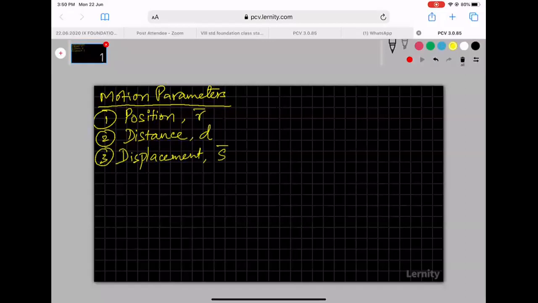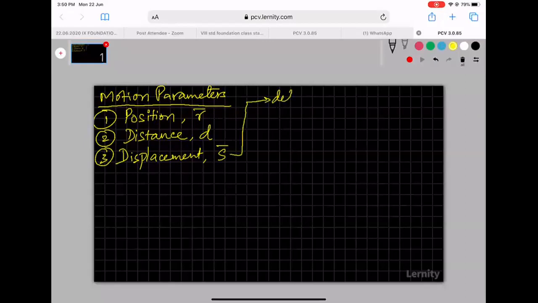Now, because displacement is a vector quantity, how do I define it? Every vector must be specified with the magnitude as well as direction. So when you're defining displacement, of course, you have to specify both of them, right?